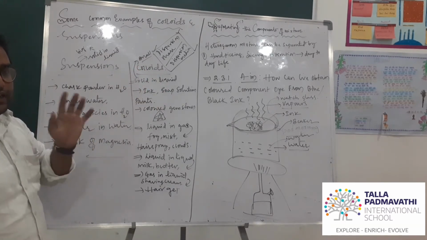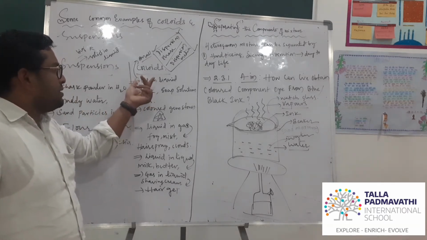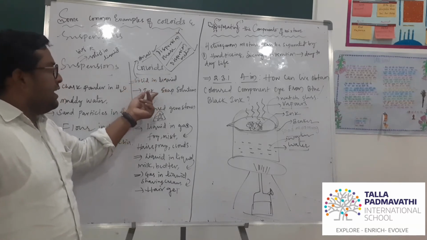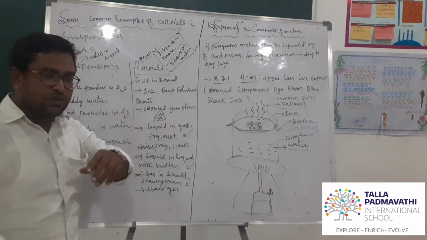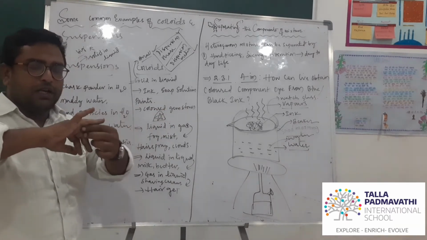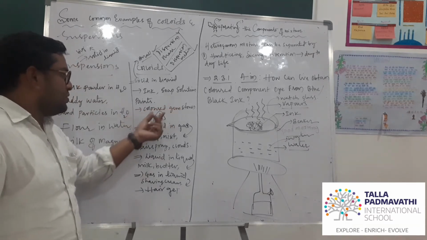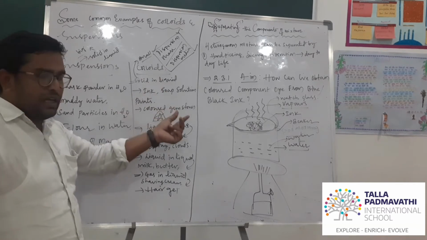The best examples of solid in liquid are ink, soap solution, paints and colored gemstones, which we normally use for ornamental purposes, for rings. Colored gemstones are prepared by solid in liquid.